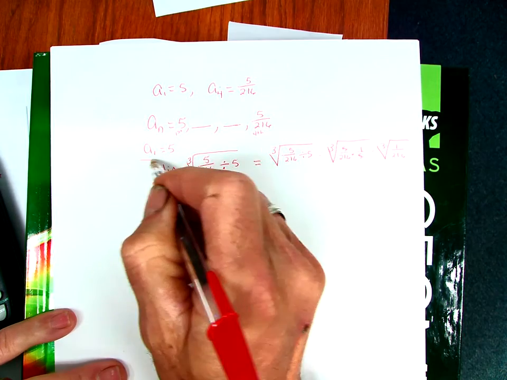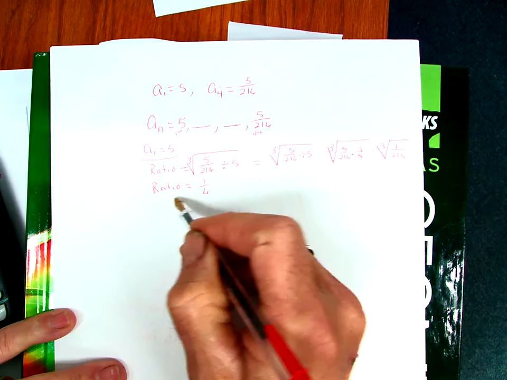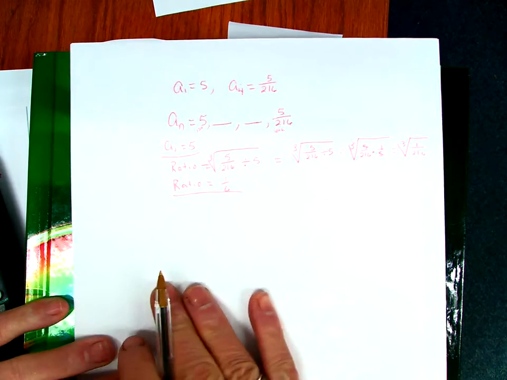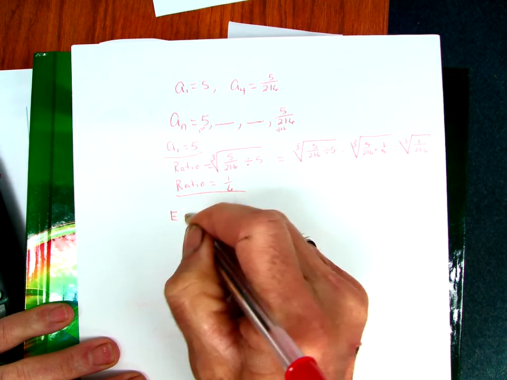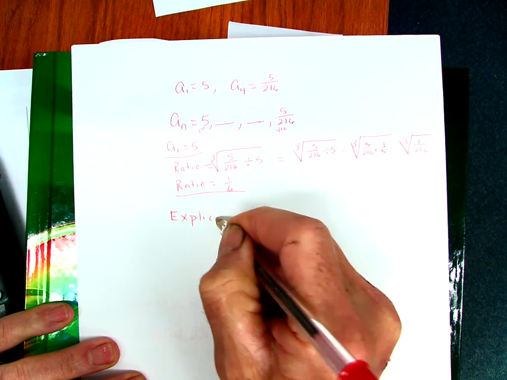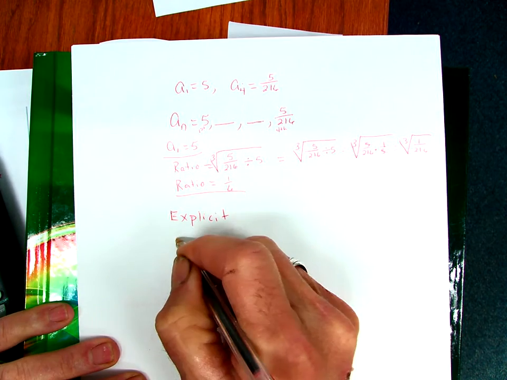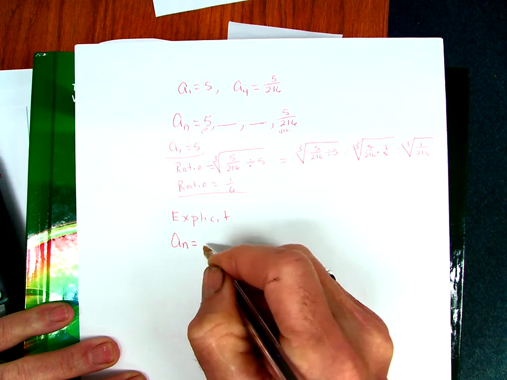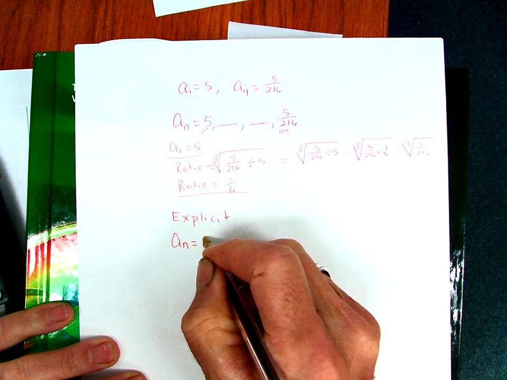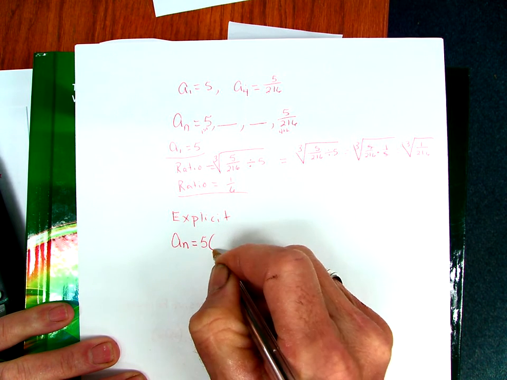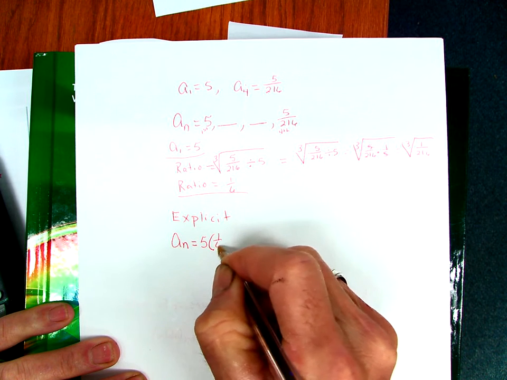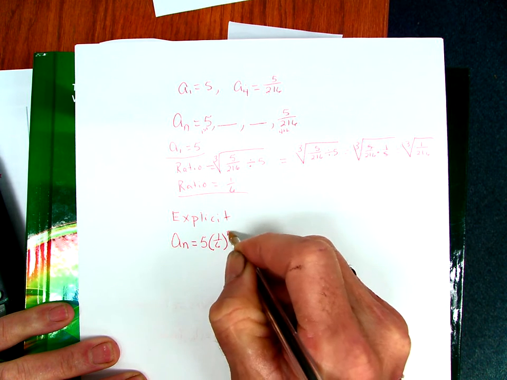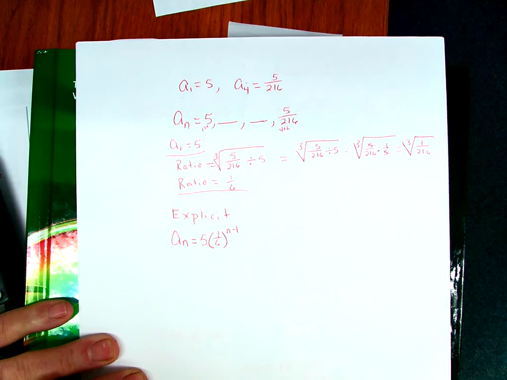So I've got the first element, I've got the common ratio. My explicit formula then, a sub n equals a sub 1, which is 5, times my common ratio raised to n minus 1.